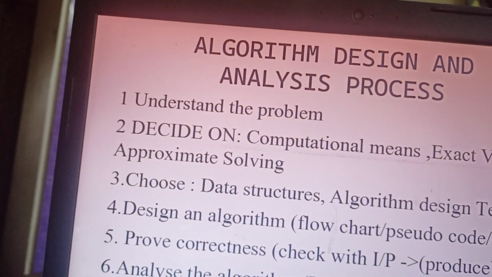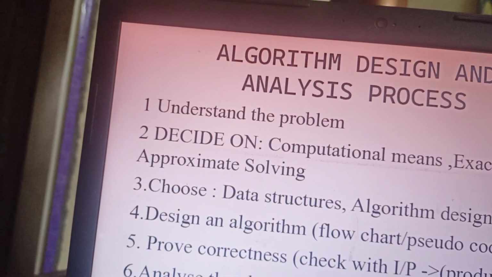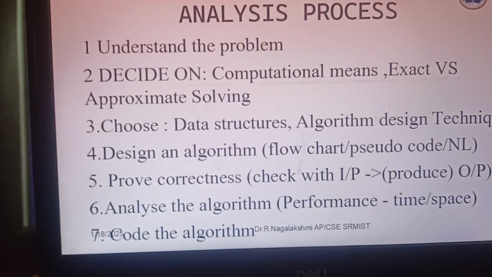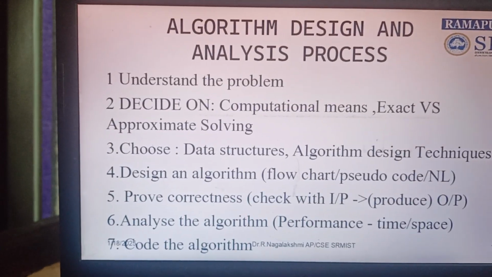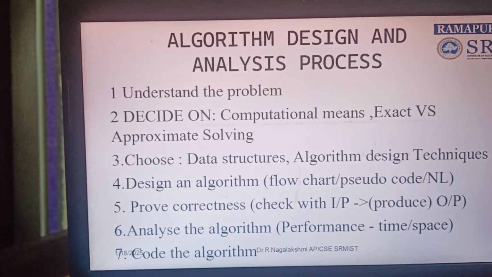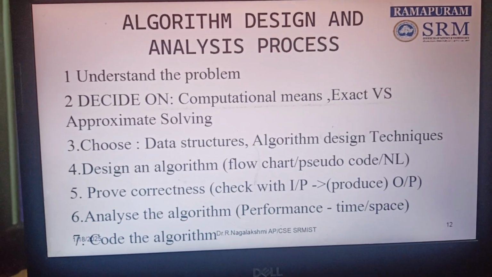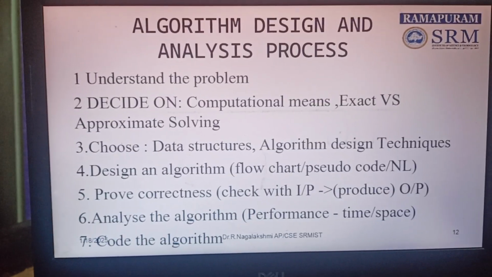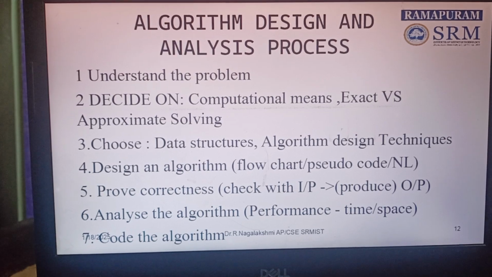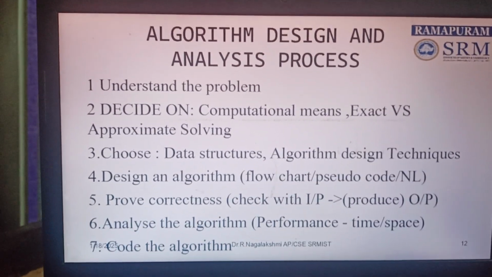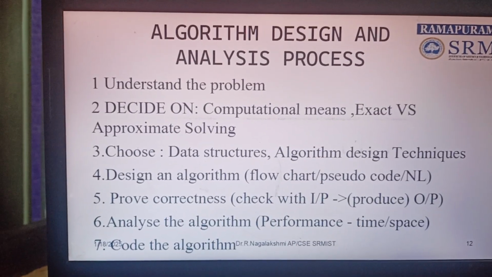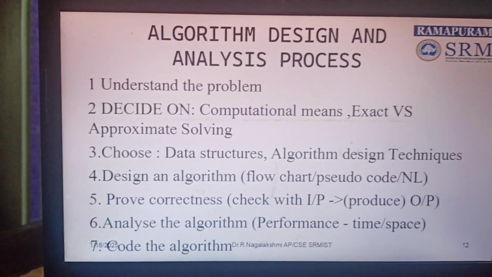Algorithm analysis and design: these are the fundamental strategies for solving a problem, and these are the procedure steps. First is to understand the problem clearly: which problem you have taken and what algorithm you are going to write. You should have a clear idea of what type of input you give and what the output will be.